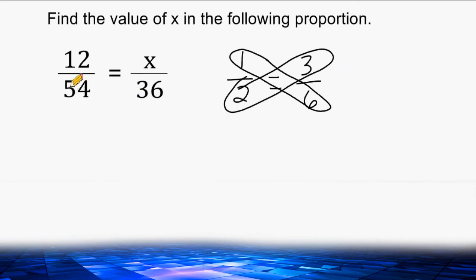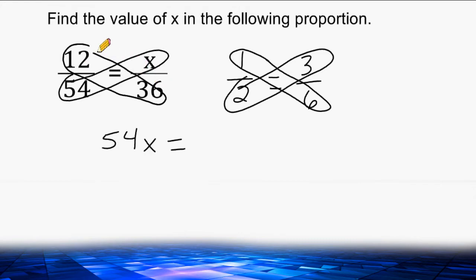So let's go to our proportion and cross multiply 54 and x. And algebraically, we would write 54 times x as just 54x. And because these two rates are equivalent to each other, we know that this product will be equal to this product, or 12 times 36.